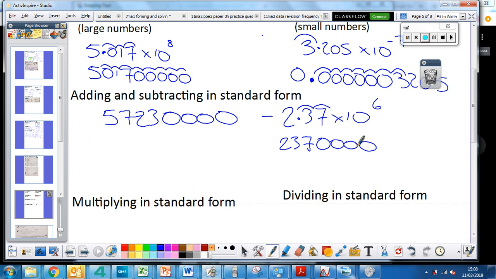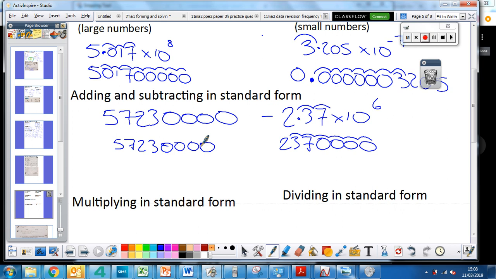Double check that works. 1, 2, 3, 4, 5, 6. So it does. Now there are ordinary numbers. It's a case of subtracting. Now do your subtraction as if you were in primary school. We're going to use columns like you were very, very first taught. We're going to have 5, 7, 2, 3, 0, 0, 0, 0. And we're subtracting from that 2, 3, 7, 0, 0, 0, 0.